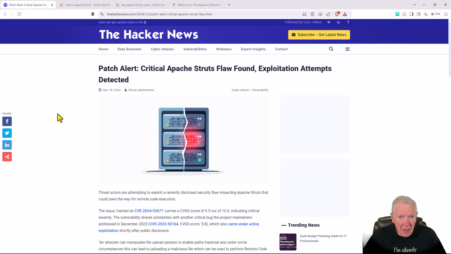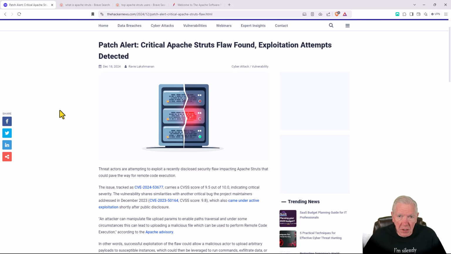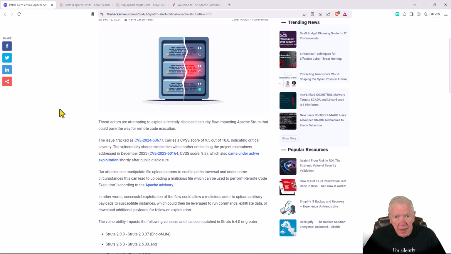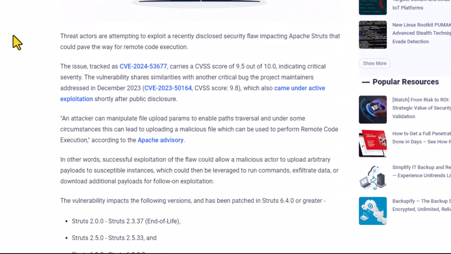And so it says there was an exploitation, a vulnerability detected. And here's what really attracted me to this article. It says that threat actors are attempting to exploit a recently disclosed security flaw impacting Apache Struts. Now, this is really interesting. So this is the Common Vulnerabilities and Exposures, and they've been given a score here.